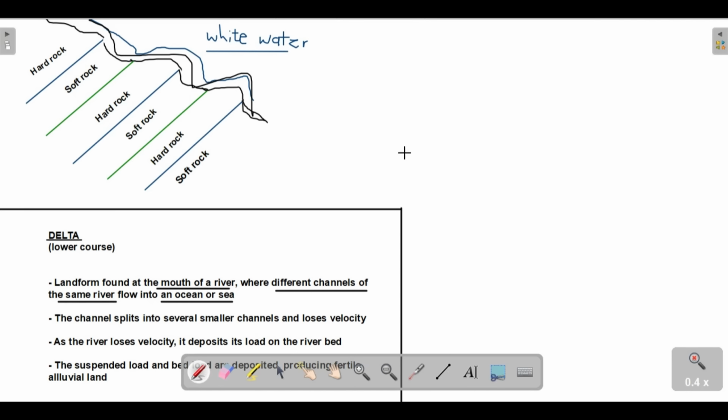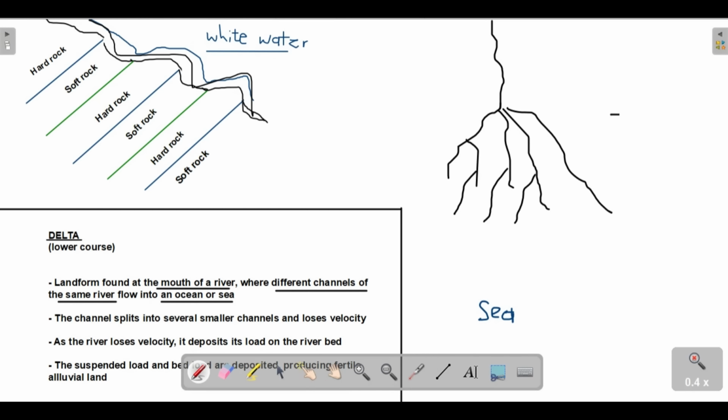So let's say you have a river flowing towards the sea. Okay, so this is the sea, and you're going to find that usually rivers split into different channels towards the sea, and these areas are usually filled with a lot of sediment.